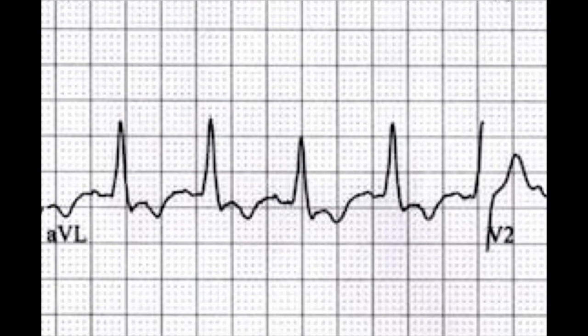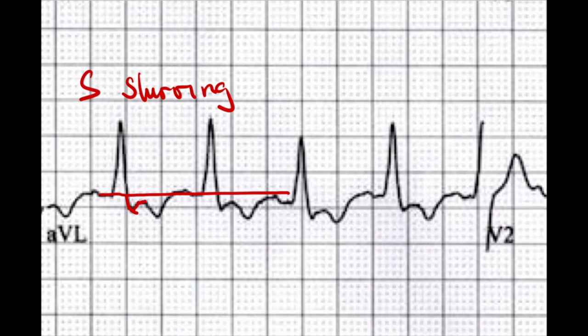If we come up to AVL, we have that P wave, we have the RS. There's a baseline. So we have some S wave slurring.